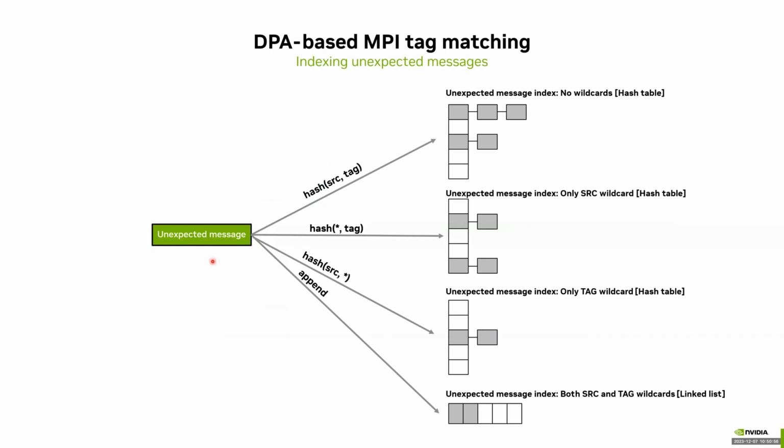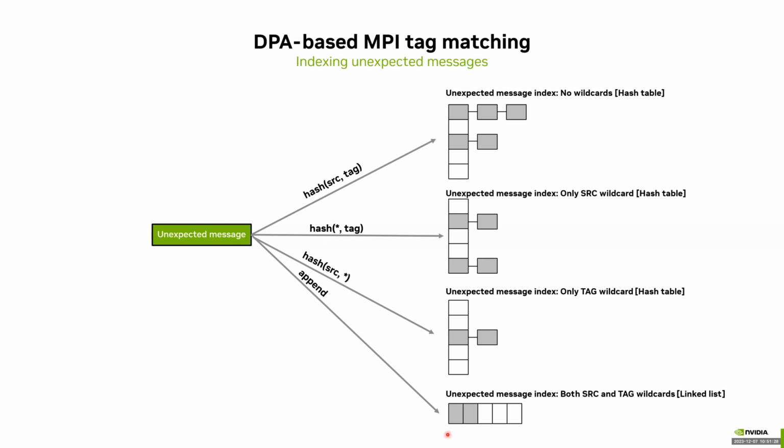So basically this means that we have, again, 4 indices: no wildcards, any source, any tag, and both any source and any tag. And then we index the unexpected message in each one of those indices. These are just pointers, so they don't take a lot of space. But basically, this means that we need to have the hash of source and tag and put it here, the hash of only the tag and put it here. This is because when the receive comes, it could fall in one of those indices.